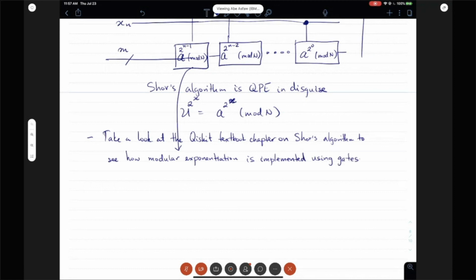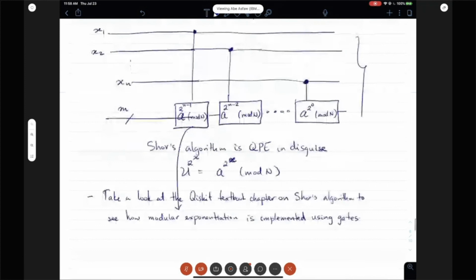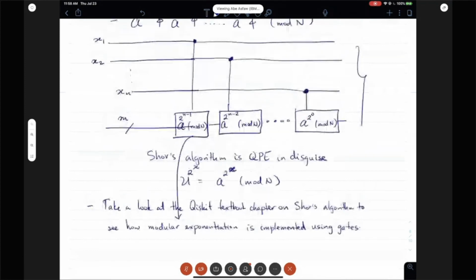And in fact, the focus of your lab today will be factoring 15, and you'll factor 15 by building out this exact circuit, doing modular exponentiation, doing the initialization with the Hadamards at the beginning, and so on.